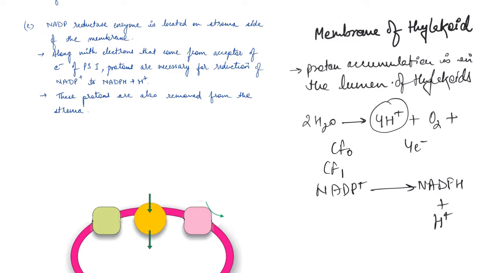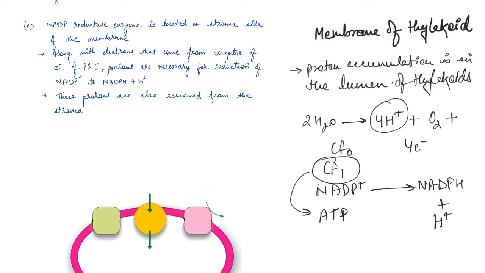The breakdown of the gradient provides enough energy to cause a conformational change in the CF1 particle of the ATP synthase enzyme, and this makes the enzyme synthesize several molecules of energy-packed ATP, right?